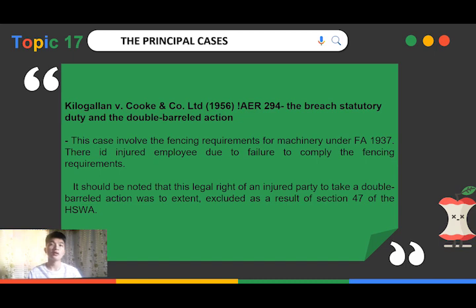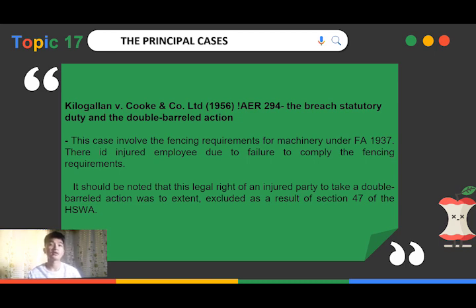So in the workplace, we should be prepared, we should have all our tools and equipment in order so that we avoid those accidents or injuries that may happen. In this case, it involves the failure to comply with the fencing requirements.